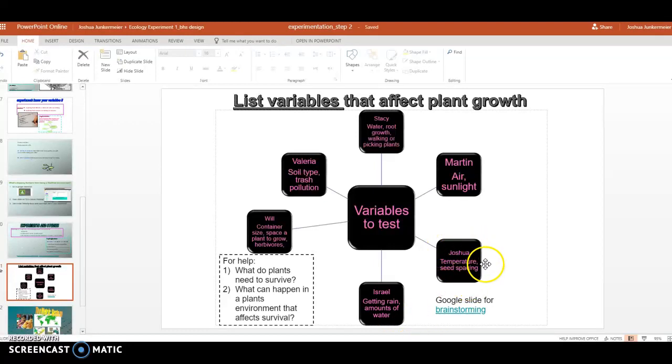This student thought, I bet with our climate change, or possibly they said we're getting hotter in our city, this may play a role. So temperature is an important variable. This person, Valeria, thought, I think trash pollution in our environment affects soil, and that's an important variable to test in my experiment. So all these students thought of different variables that they would test in their experiment, just like you.